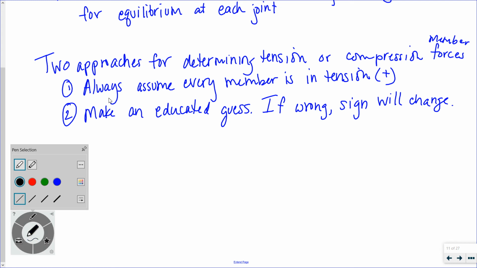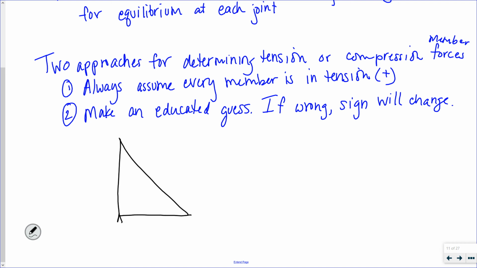So how would I draw the member forces? Let's say I have this little triangular truss here. I'm going to break it up into 3 different joints and 3 different members.